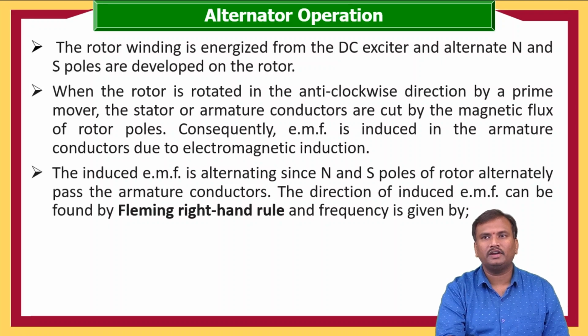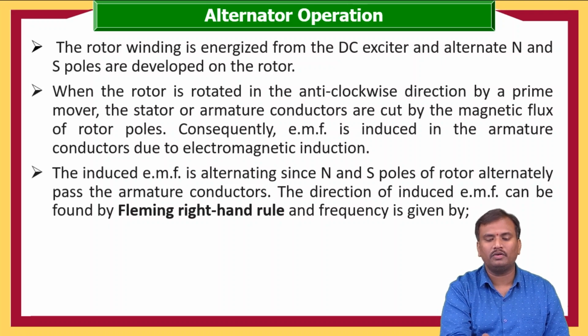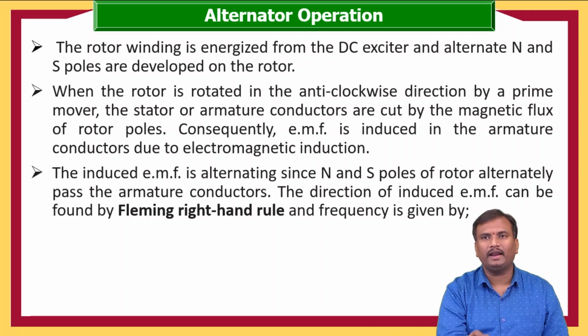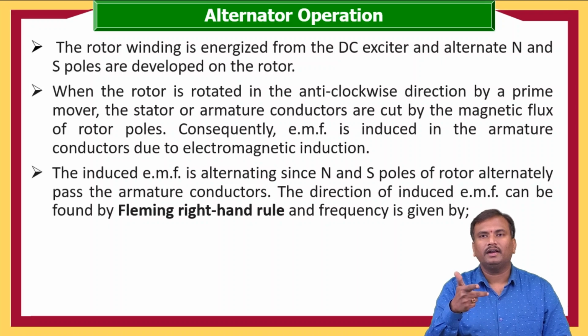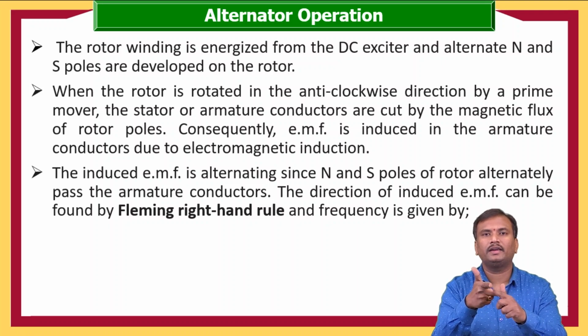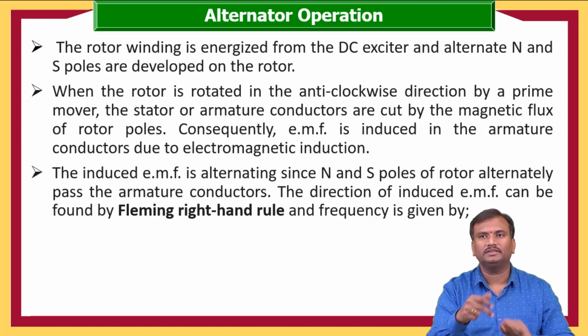So the direction of induced EMF can be found by Fleming's right hand rule, where forefinger indicates the flux and middle finger indicates the direction of armature current, and the thumb indicates the induced EMF direction.